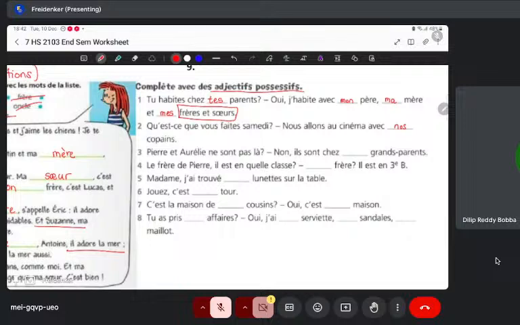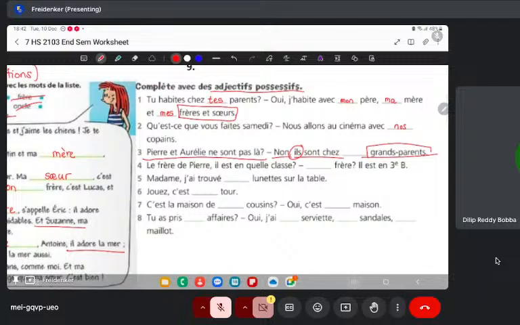Okay. Third question. Pierre et Aurélie ne sont pas là. Are Pierre and Aurélie not there? No, they are in the place of dash grandparents. So, what is the natural answer to this? They are in their grandparents' house. So, here the owner is ILS, their, right? Their grandparents. So, owner we know, they're talking about grandparents. It is in plural. So, ILS plural.